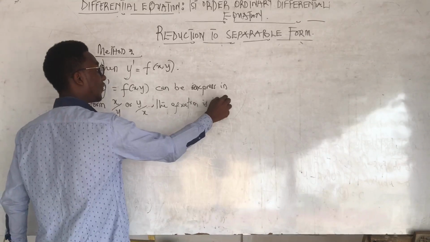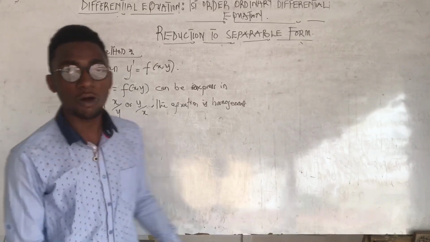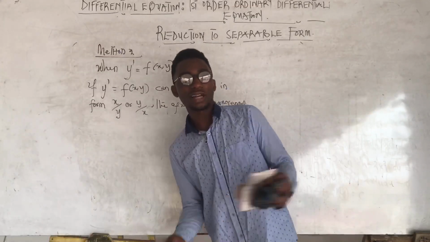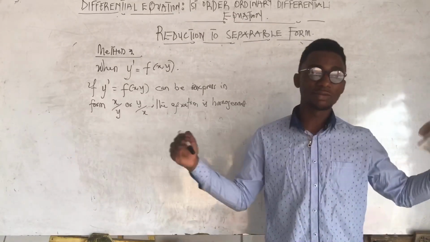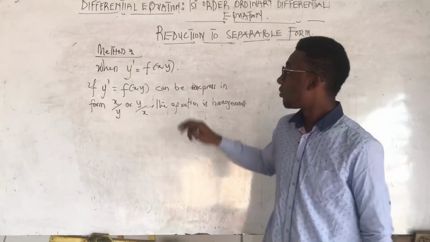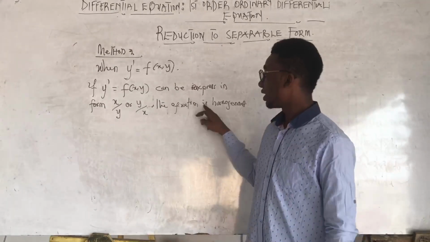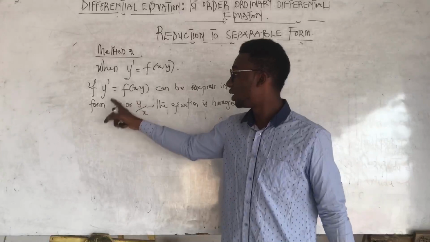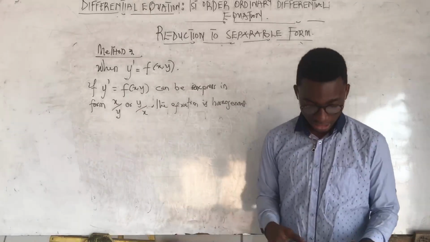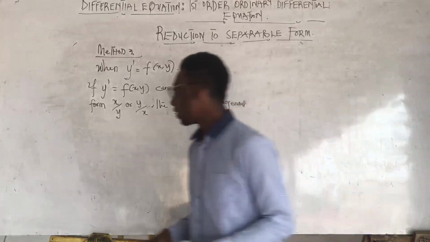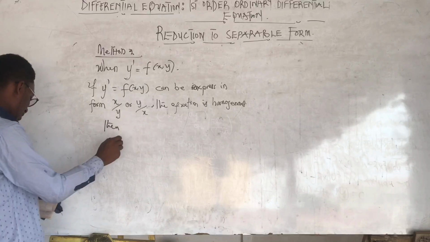The first instance we looked at was the differential form, where when they have the same degree, the equation is homogeneous. But with the standard form, when you can express this function in terms of x on y or y on x, then we say the equation is homogeneous.